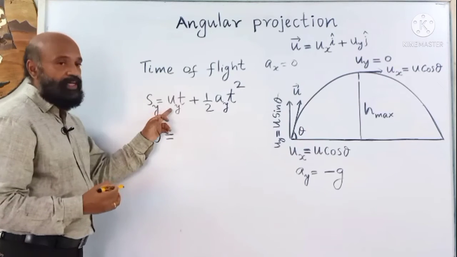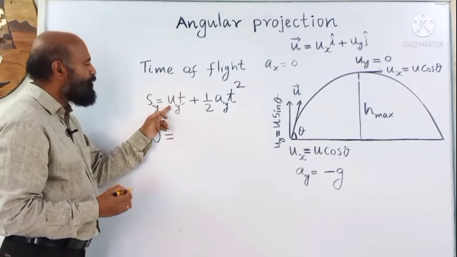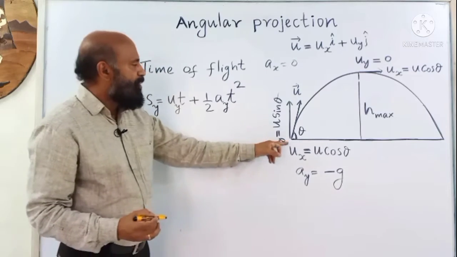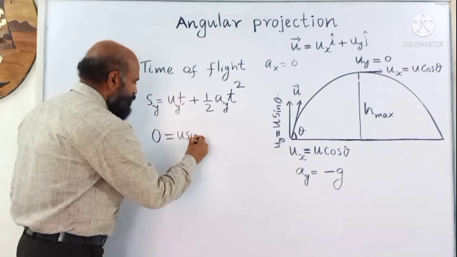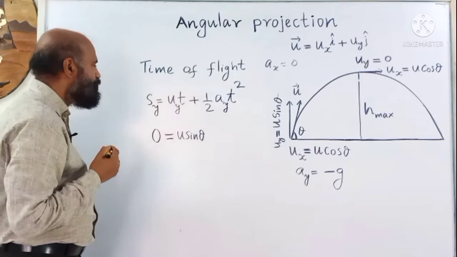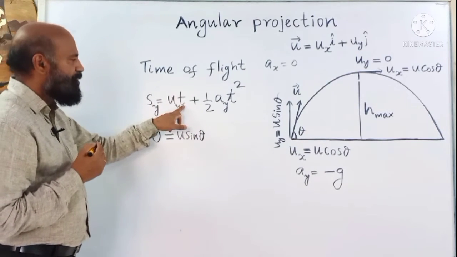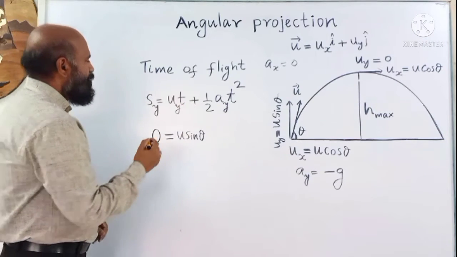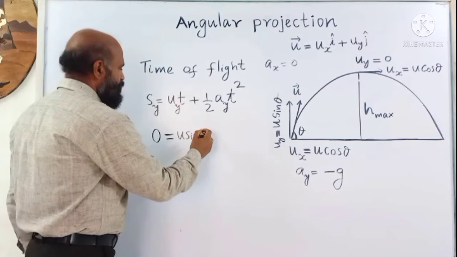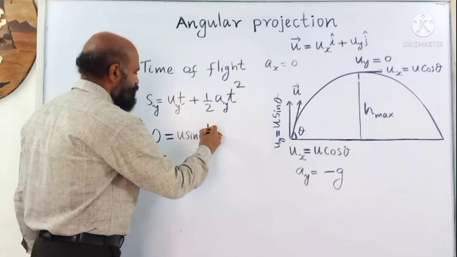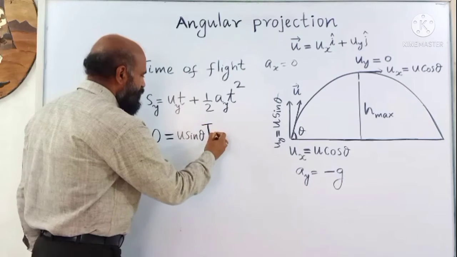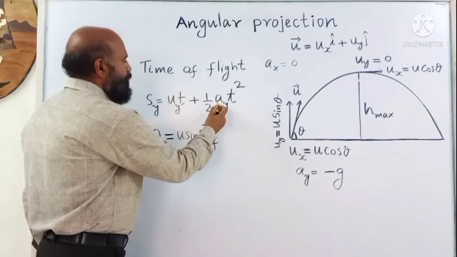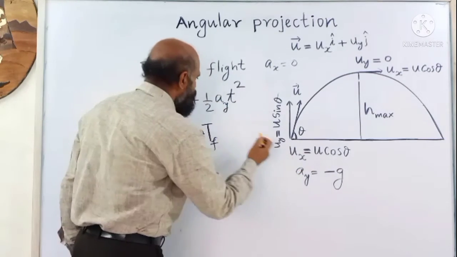Uy, in vertical motion, we are considering vertical motion, so initial velocity in the vertical direction is u sine theta. Then this t, time of flight. So we can write time of flight tf. Then ay is minus g.